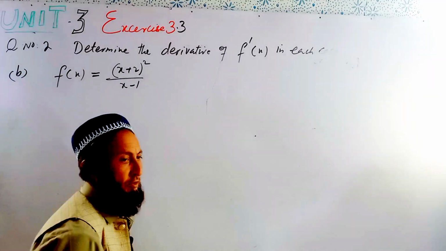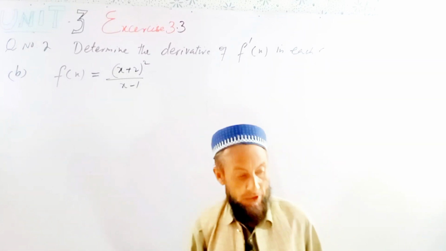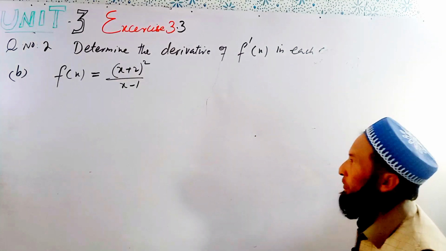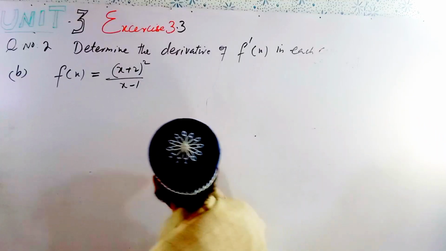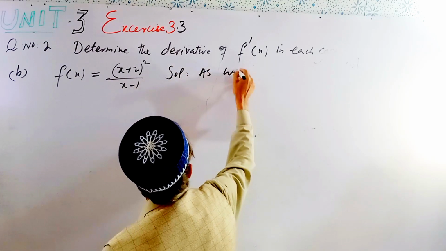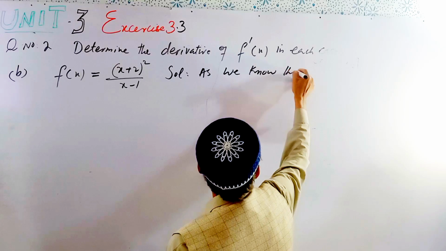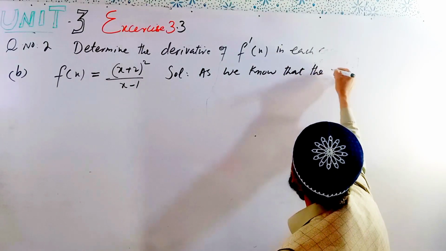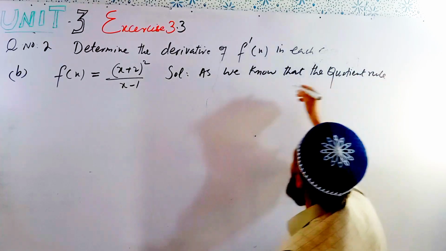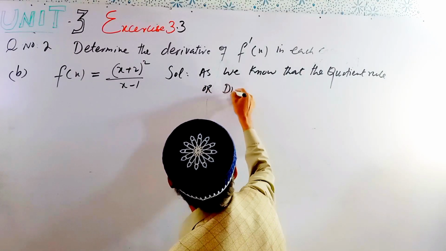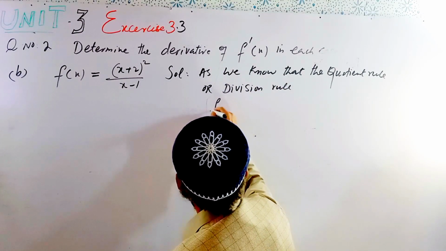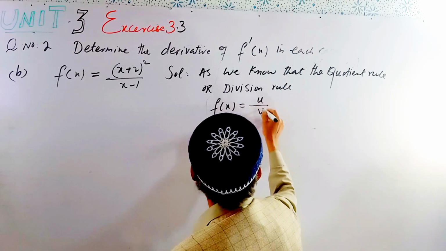Now part B of the same question. Determine the derivative of the function, f dash x is required, where f of x is (x plus 2) whole square divided by (x minus 1). We are using the division rule, or quotient rule. As we know, the quotient rule: f of x is equal to u divided by v.